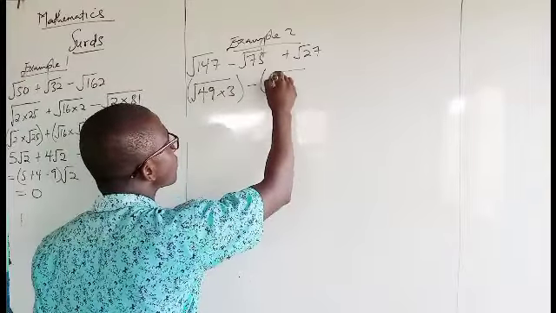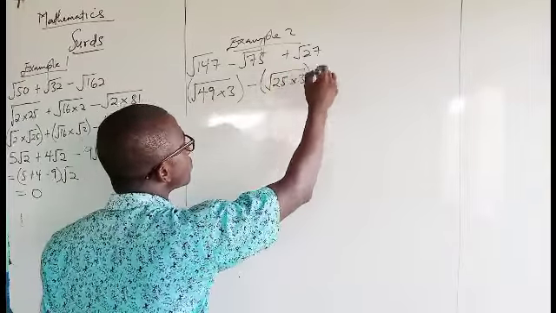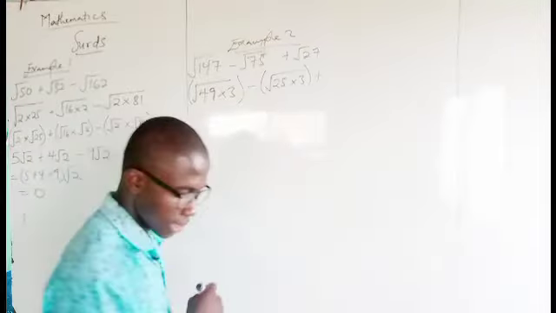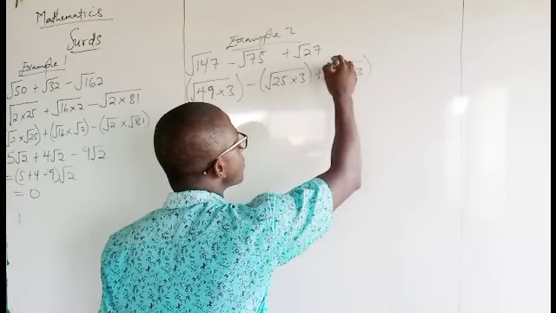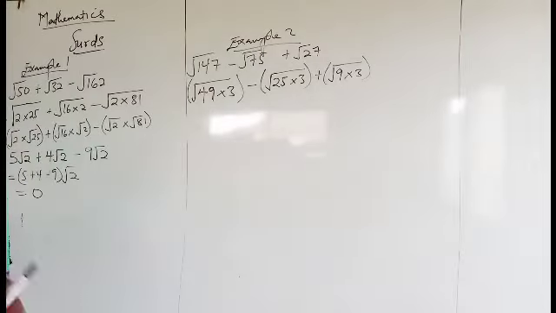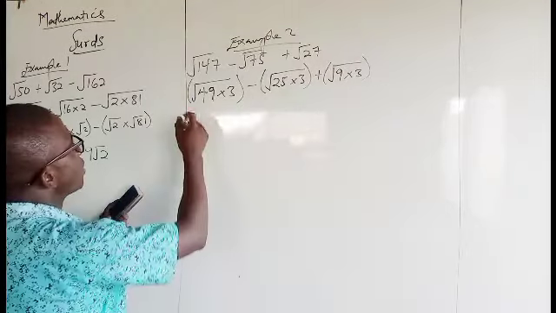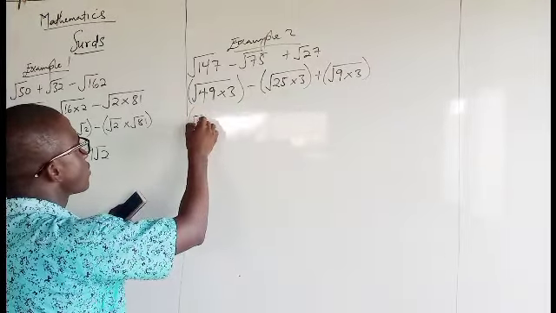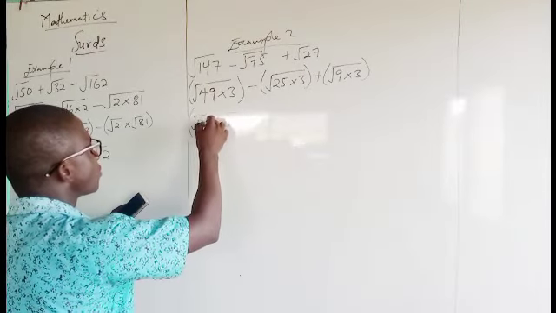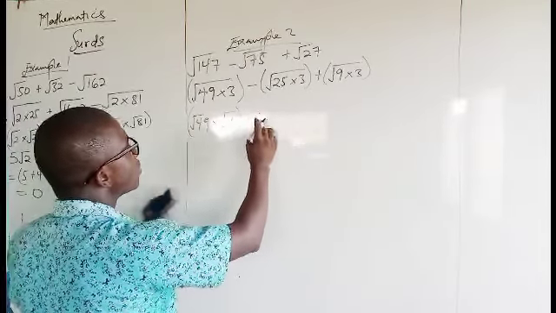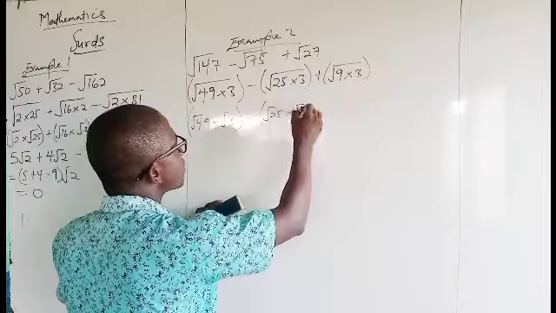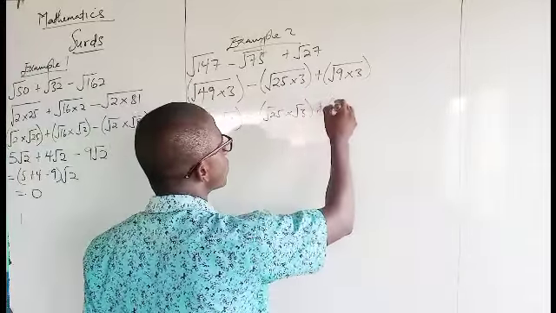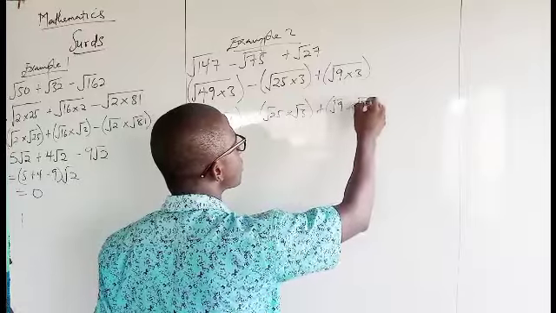Now let's move on to root 75. That will be 25 times 3. Then let's look at 27, giving us 9 times 3. So this is the second step. Now let's break it down into separate roots: root 49 root 3, root 25 root 3, plus root 9 times root 3.